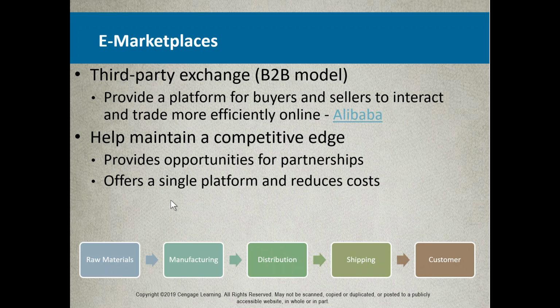So the nice thing is it makes business easier for you, because if you're a small manufacturer, you're manufacturing some product, it doesn't mean that you have to worry about the distribution or the shipping. All you have to do is log on to Alibaba, you pay them a commission, and they take care of the rest.